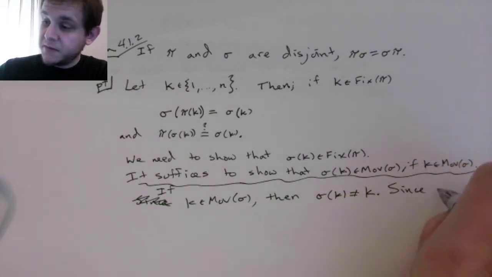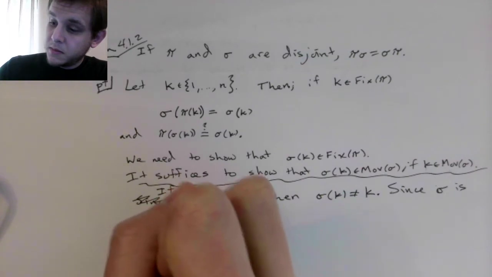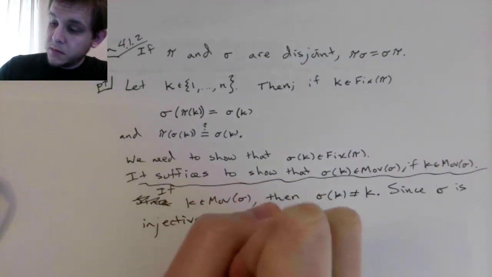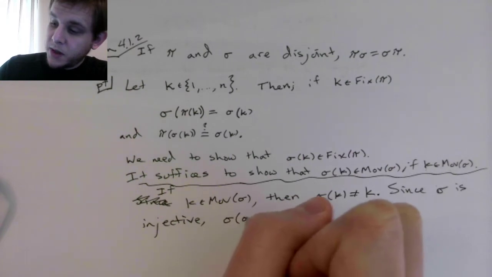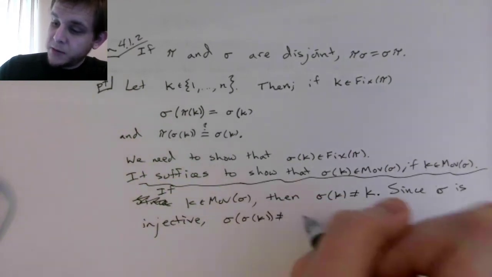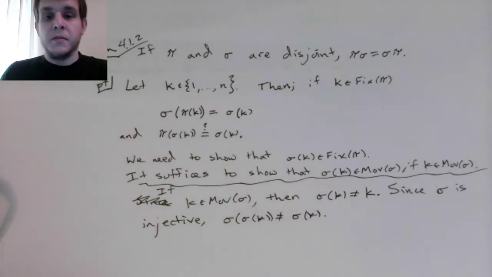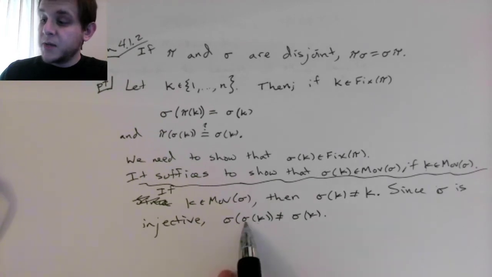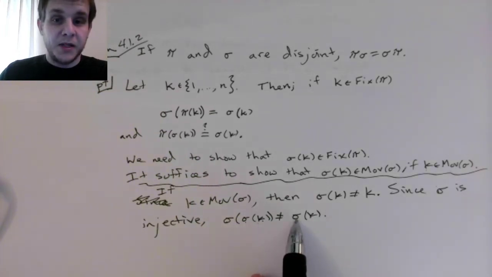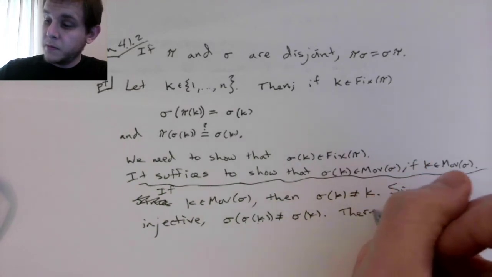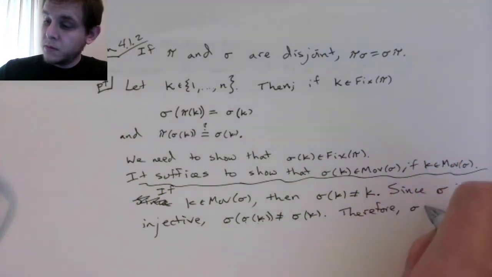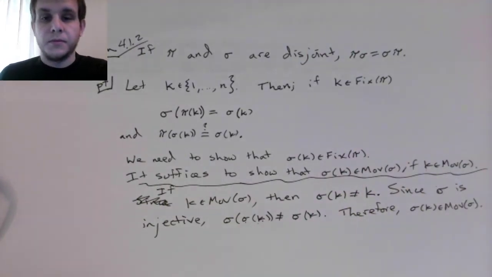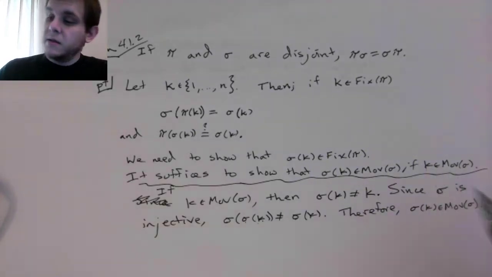Since sigma is injective, sigma of sigma of k is not equal to sigma of k. Which means that sigma of k is moved. When I apply sigma to sigma of k, it's not the same element anymore. So this is the argument in this case.